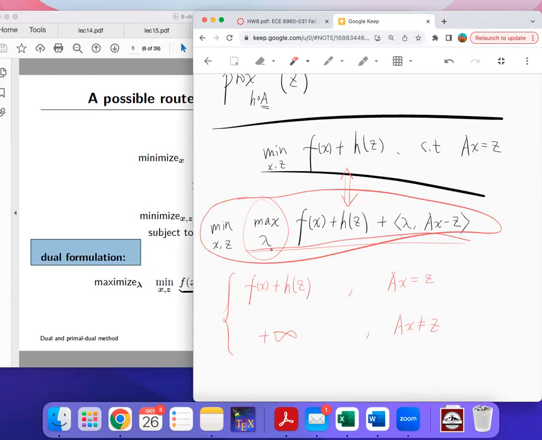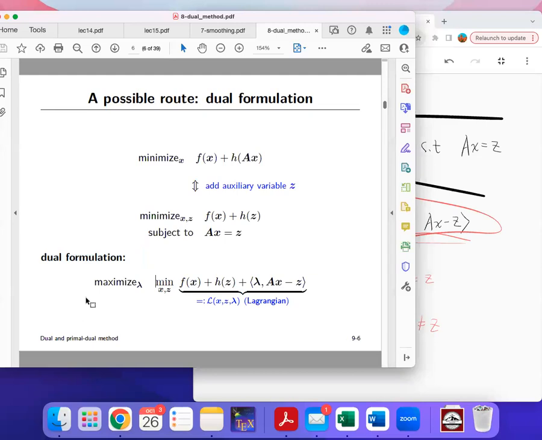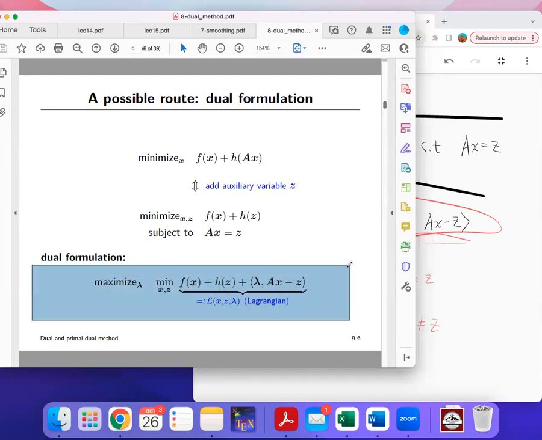And then with this multiplier version, we can consider switching the order between these two. Under some conditions, these two are equivalent. It doesn't matter if you do min-max or max-min, under some conditions.